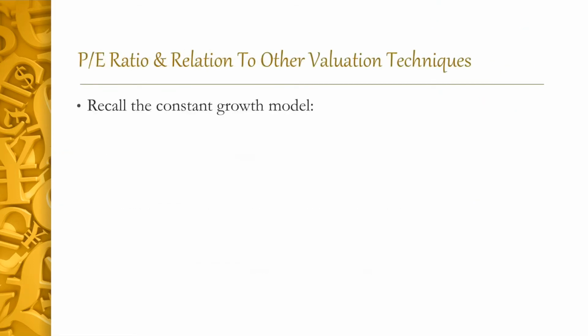To see the relation between the constant dividend growth model and the P/E ratio, first, let me write the estimate of the price of the company based on the constant dividend growth model, or the Gordon model.